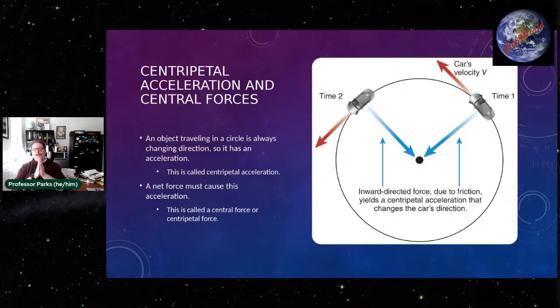So how does this apply to orbits? As I said before, the title of this lecture is Gravity in Orbits. Well, what Kepler posited was that there is a force that exists. I don't think he called it a force, but he called it something akin to a force.